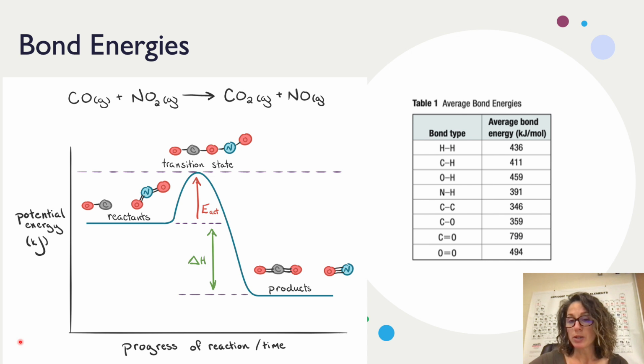So again, let's look here at an example where we have our potential energy within the molecules over time, so the progress of the reaction. In this case, we have our reactants, carbon dioxide and nitrogen dioxide.